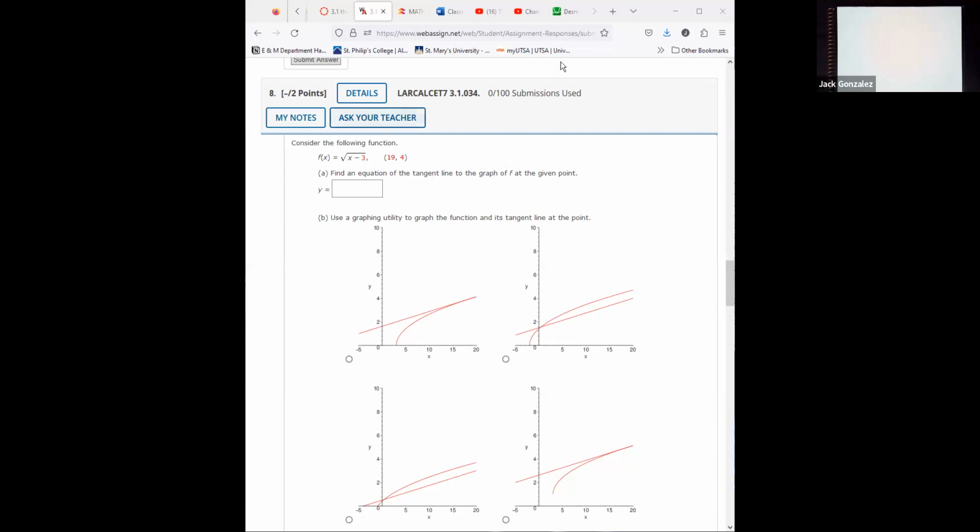You guys remember how to find lines from, I think, middle school, given a point and a slope? Is that familiar? Kind of.